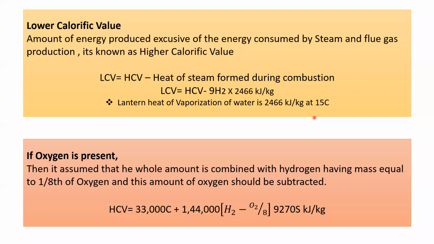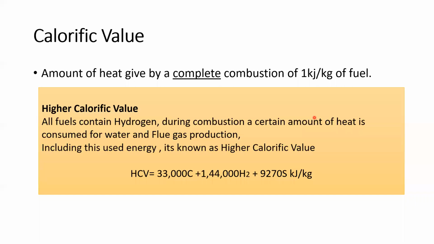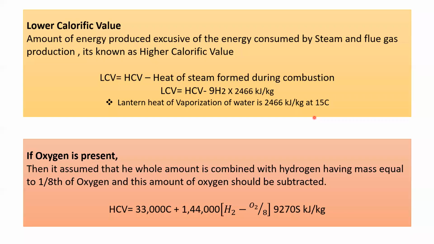Next, we need to discuss the calorific value. Calorific value is the amount of energy given by a complete combustion, in kilojoules per kilogram of fuel. There are two calorific values: the higher calorific value and the lower calorific value.